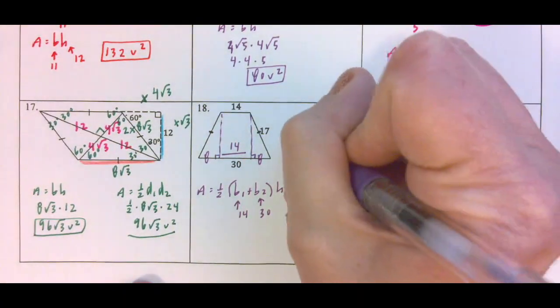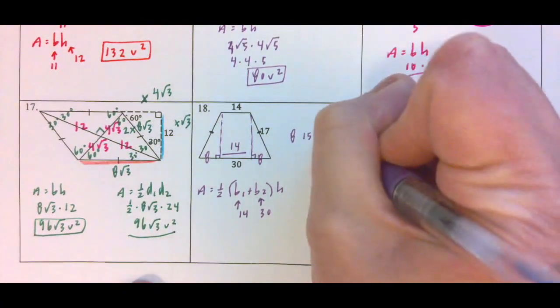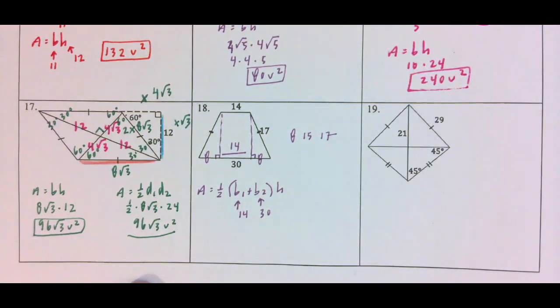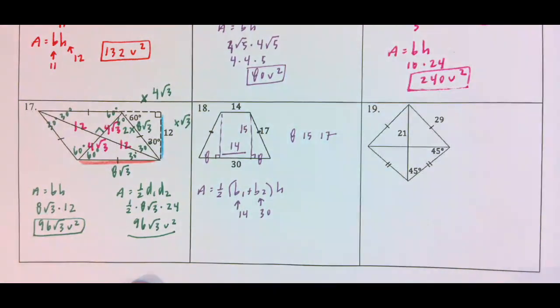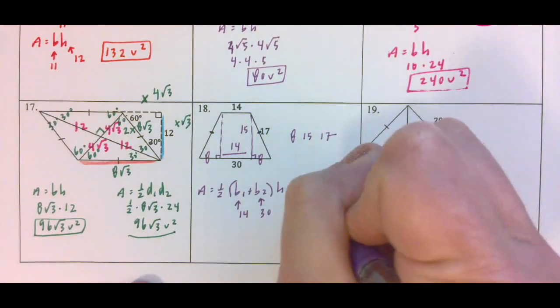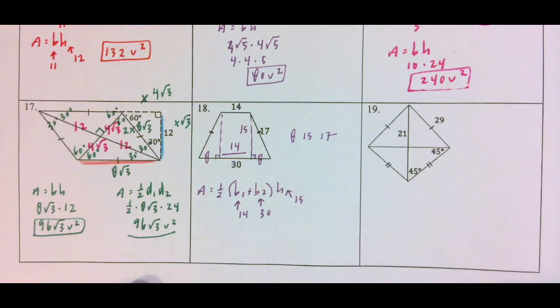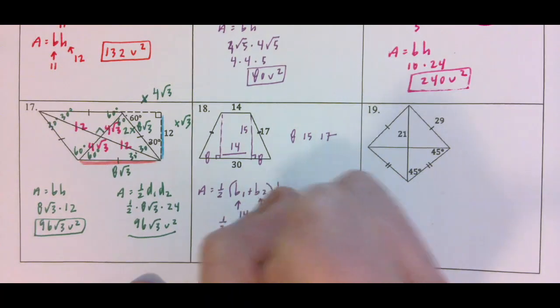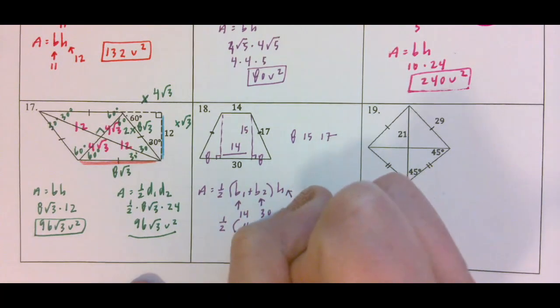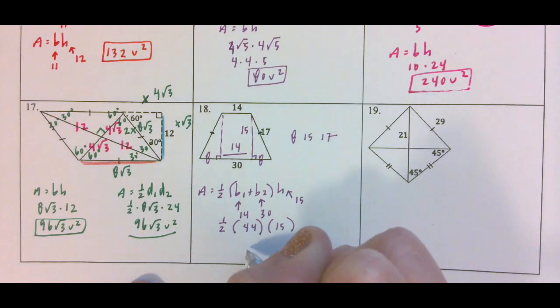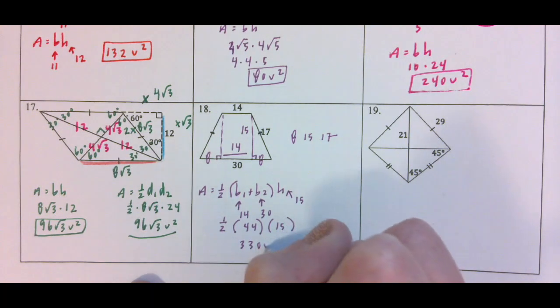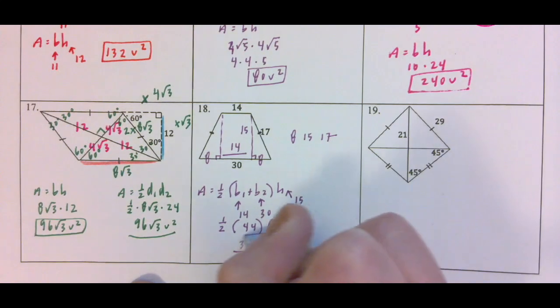So here I see another common triple. We see them all the time. It's my 8, 15, 17. And right here must be the 15. That is my height. So now as I multiply across, I'm going to say 1/2 times 44 and then times 15. So 330 units squared.